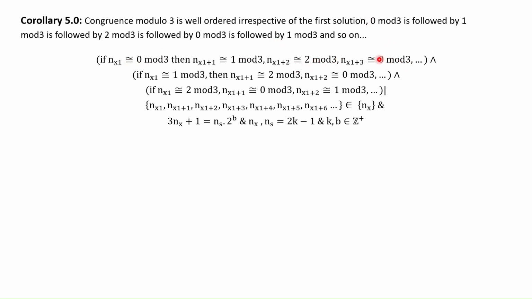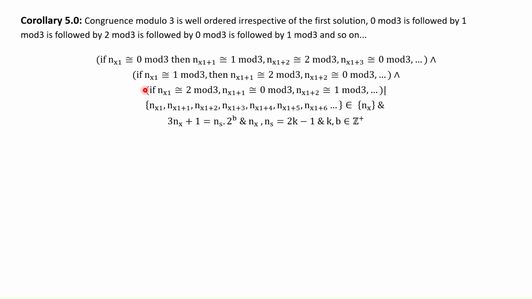So it's a cyclic thing: 0 followed by 1 followed by 2 followed by 0 followed by 1, and so on and so forth. If nx1 base solution is 1 mod 3, then you will have the next solution to be 2 mod 3 and then 0 mod 3 and then 1 mod 3, and so on and so forth. Likewise, if nx1 is congruent to 2 mod 3.